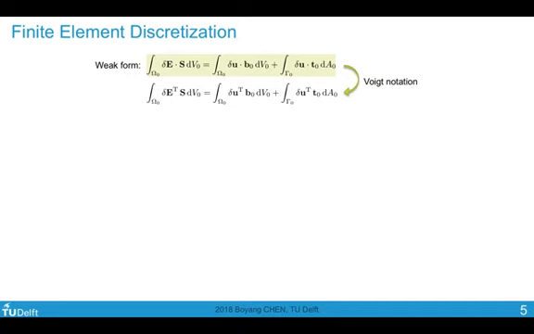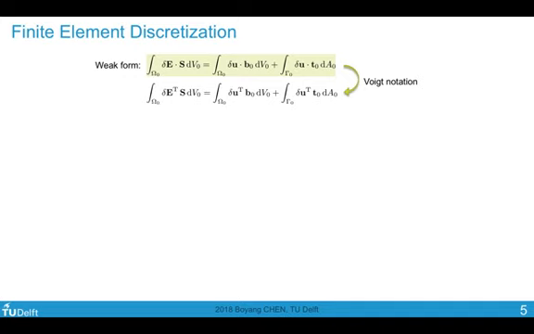Now, we move on to the discretization of this waveform. By discretization, I mean that I replace the solution, which is U, our primary unknown of interest, by a discretized nodal solution. So remember that this U is defined over the entire domain, which has an infinite number of material points.